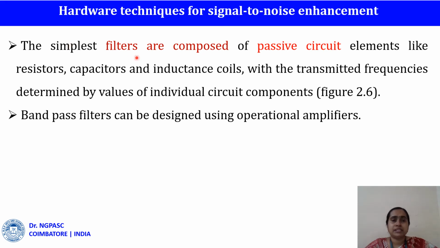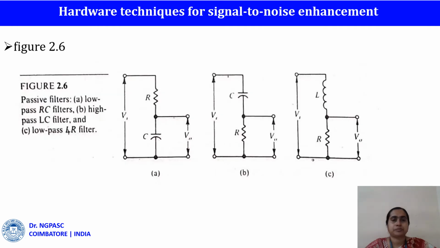The simplest filters are composed of passive circuit elements, that is, resistors, capacitors, and inductance coils, with the transmitted frequencies determined by the values of the individual circuit components. You can see it in figure 2.6 here. Bandpass filters can be designed using op amps or operational amplifiers.